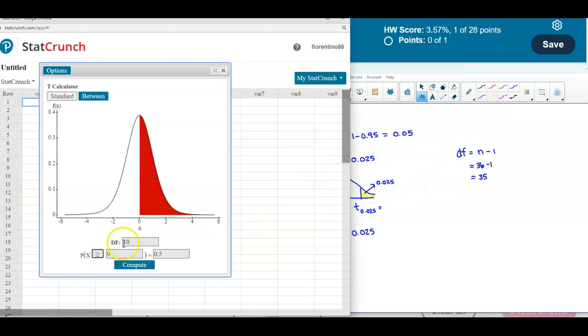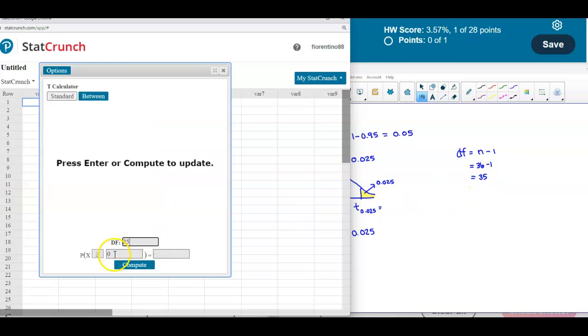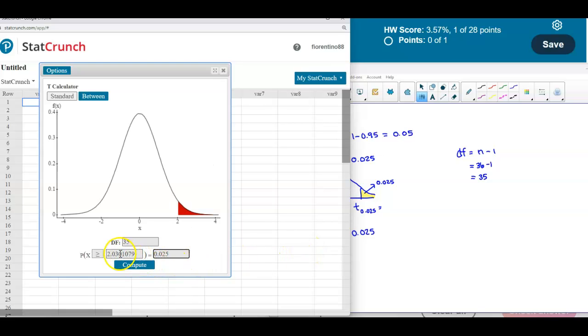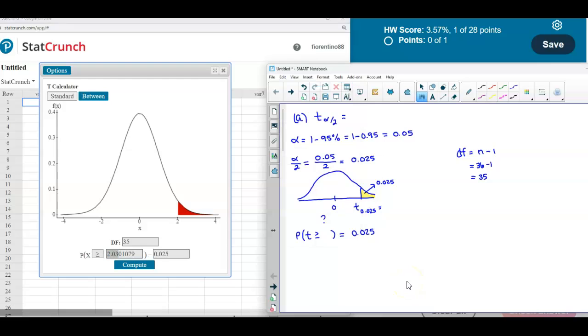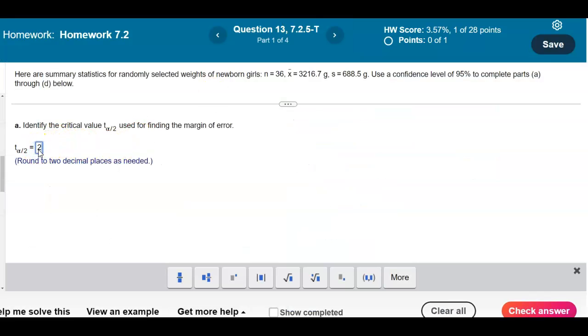The degrees of freedom is 35, and the area is 0.025. Rounding the critical t value to 2 decimal places, we get 2.03. So let's put that answer in here: 2.03.